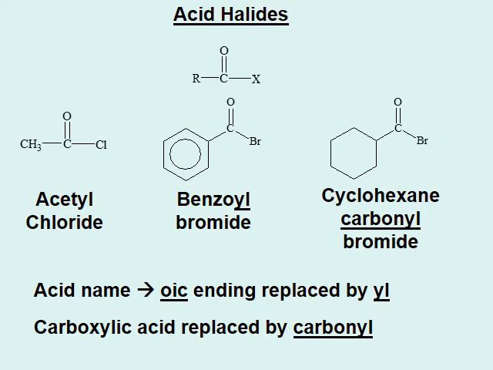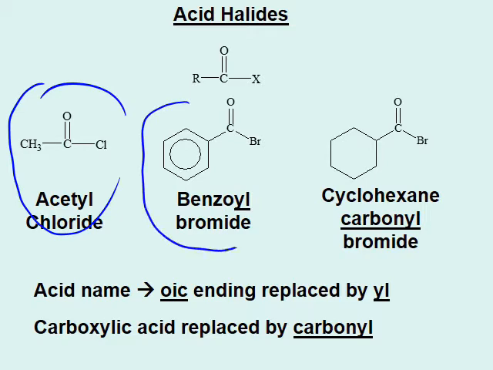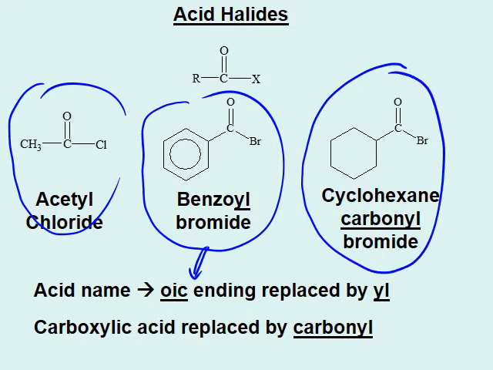The first compound is acetyl chloride, and the second one is called benzoyl bromide. So the corresponding acid is benzoic acid, OIC acid. The third compound is cyclohexane carbonyl bromide.